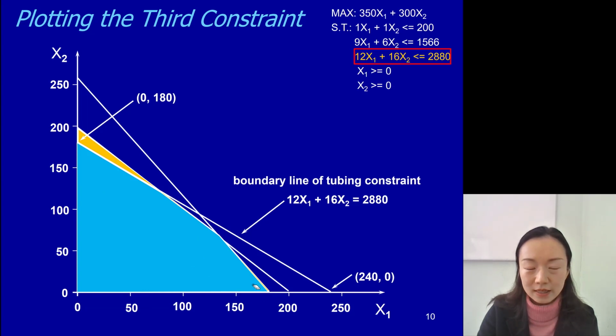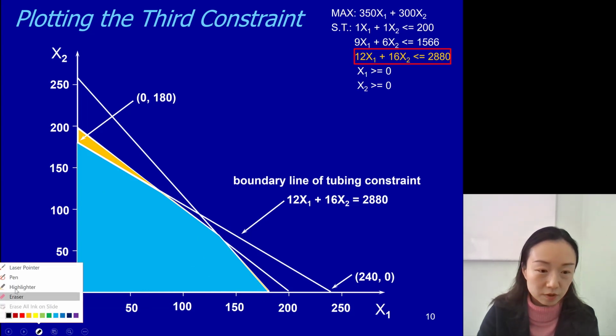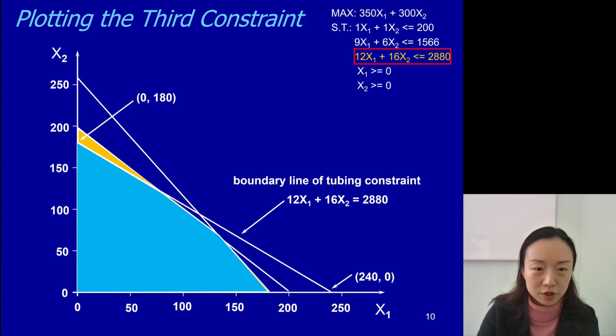You can see the final feasible region starts from this point here and goes all the way to this point here, and to here, and here. So this is our feasible region that satisfies all those 5 constraints.